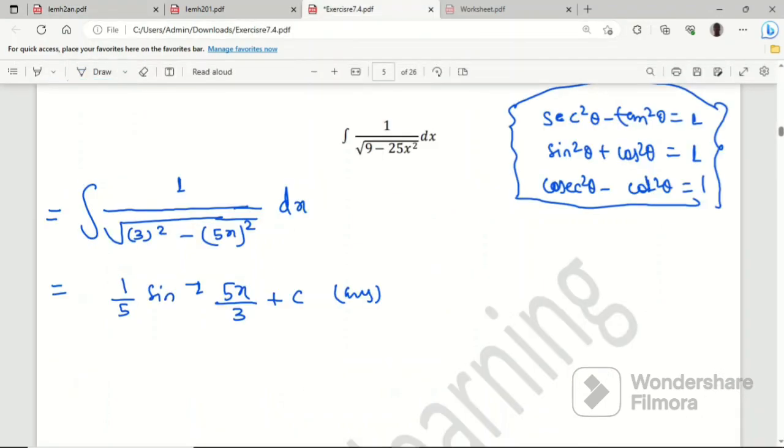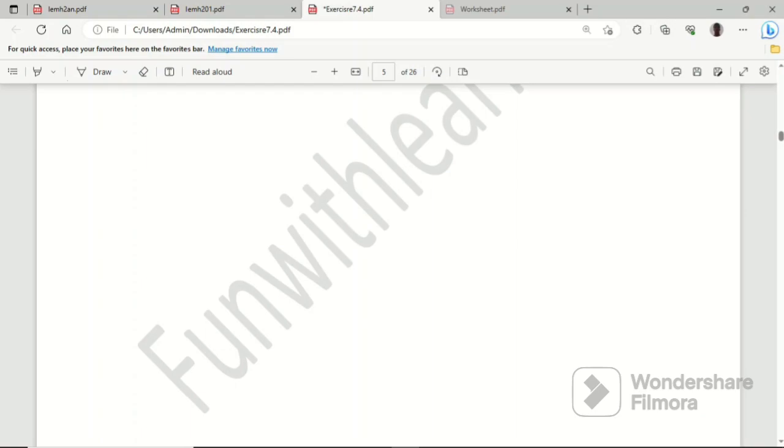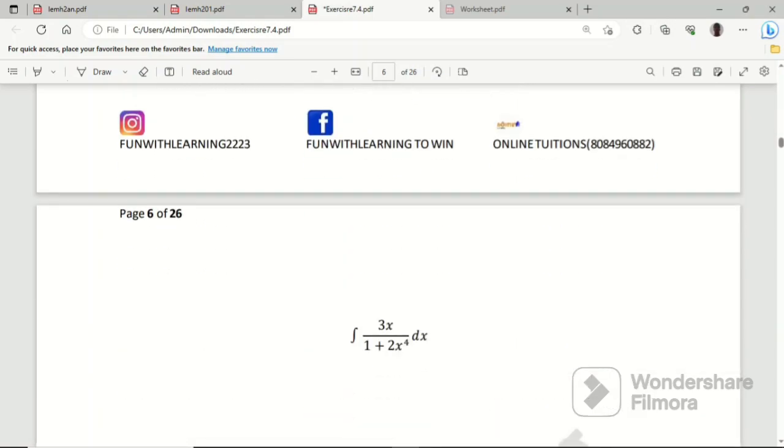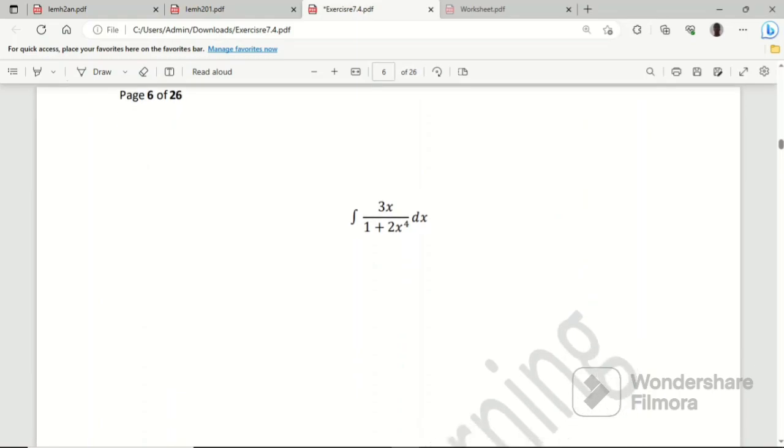So now we can move on to the next question. The fifth question is, what can we do here? Now you need to see whether you can use the substitution method or not.